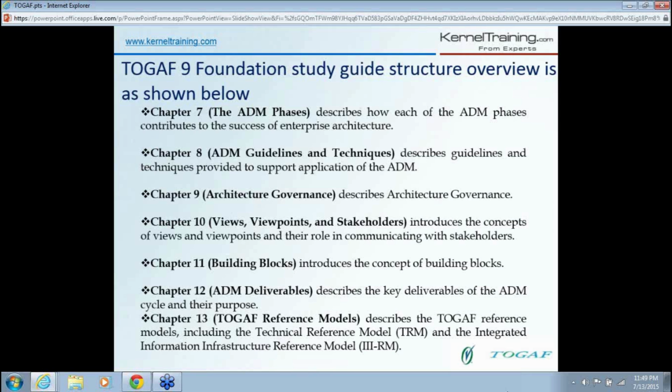Chapter 10 is about views, viewpoints, and stakeholders. So if you look at TOGAF, the way I look at TOGAF is, TOGAF basically provides you a concept where, say you have a problem, right? So TOGAF basically tells you, how do I resolve this problem? So where does the problem originate?